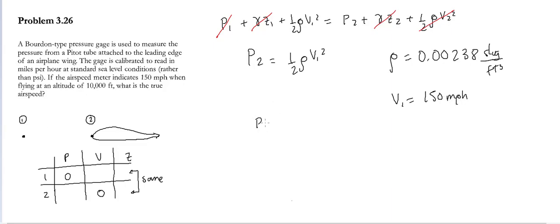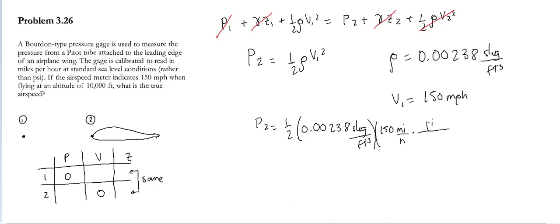So to calculate the value of P2, we have 1/2 times 0.00238 slugs per feet cubed, times the velocity, 150 miles per hour. And then we do the conversion.